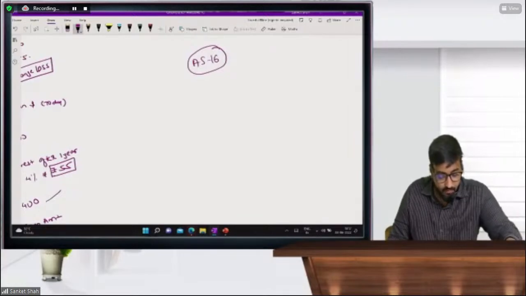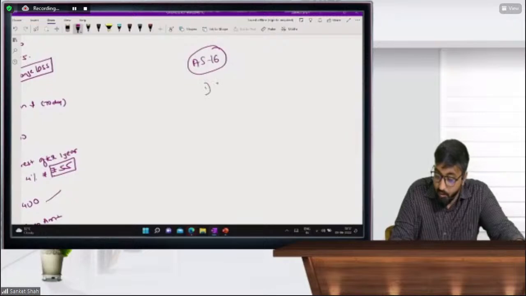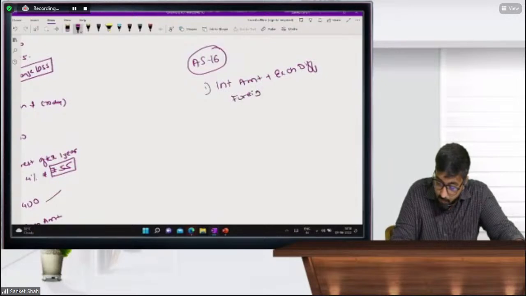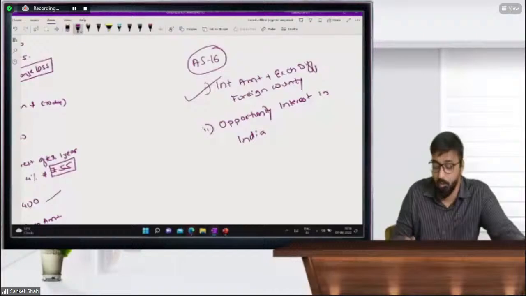So beta, AS 16 talks about whenever foreign interest rates, interest amount plus exchange difference of foreign country, you will compare with opportunity interest of Indian country, of India, when you were attracted toward foreign.